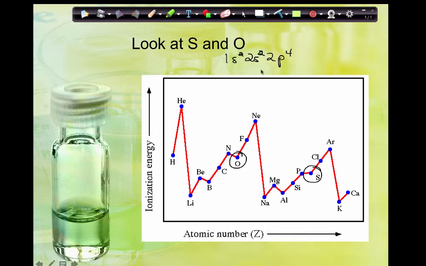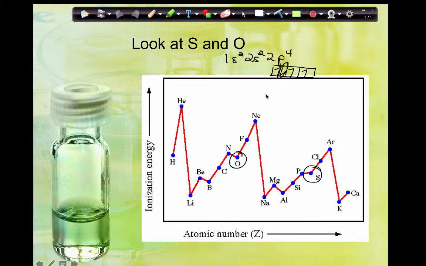Well, when I look at the orbital diagram, it looks like this. One electron up, one electron up, one electron up. The next one goes down. Well, if I'm going to remove an electron here, I'm going to remove this one.